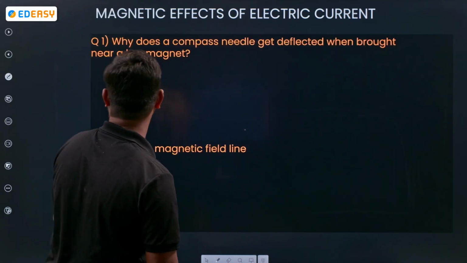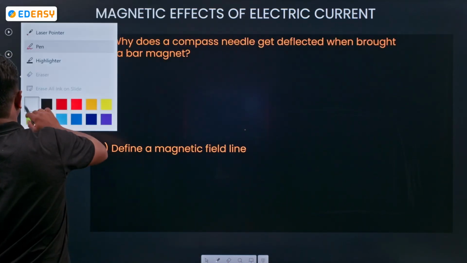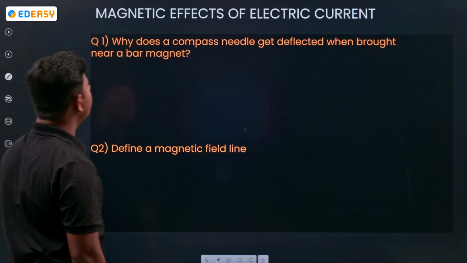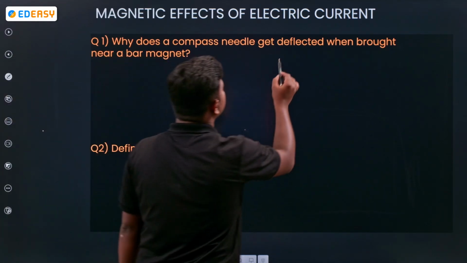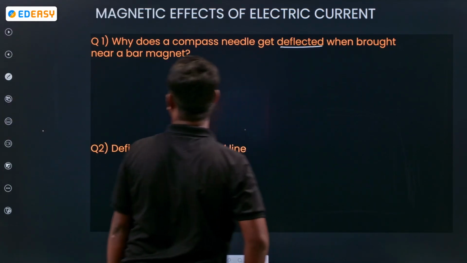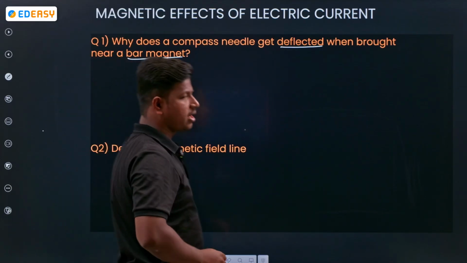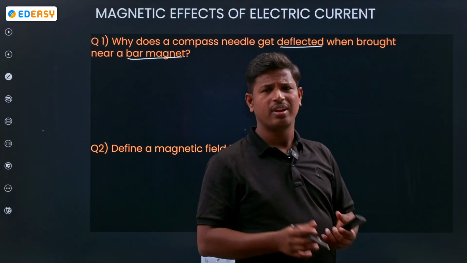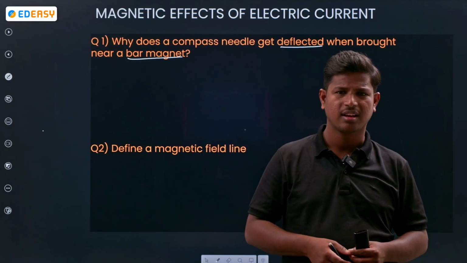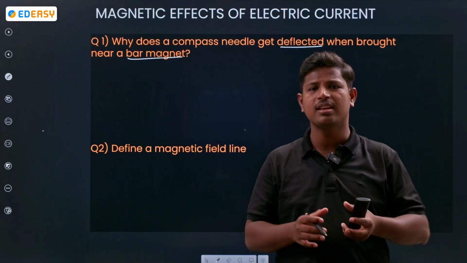Next, your favorite time came. Why does a compass needle get deflected when brought near a bar magnet? Okay, the very basic question, right? What do they ask you?